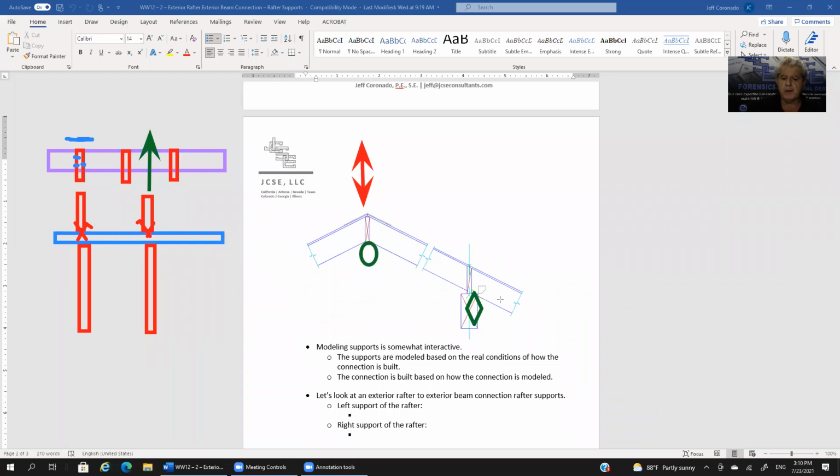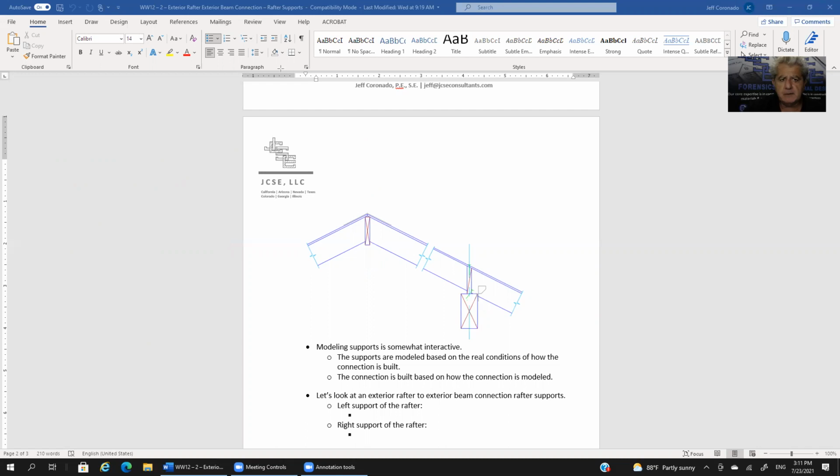A simply supported element with a roller at the top and a pin at the bottom. Okay, so with that, we've covered how we would look at this particular rafter, how we would model the support, and the thinking that goes into selecting the idealized support conditions from an engineering point of view.